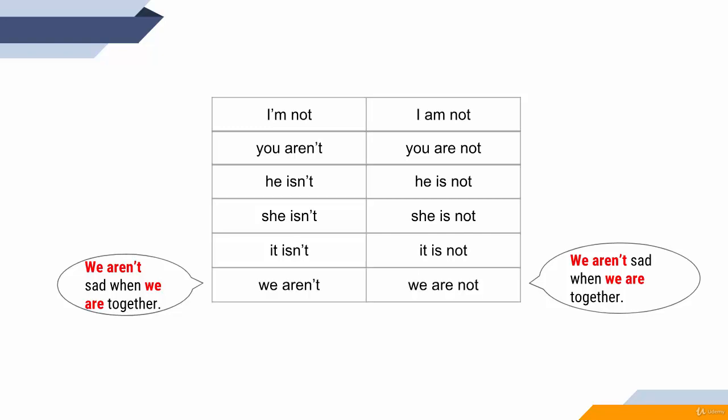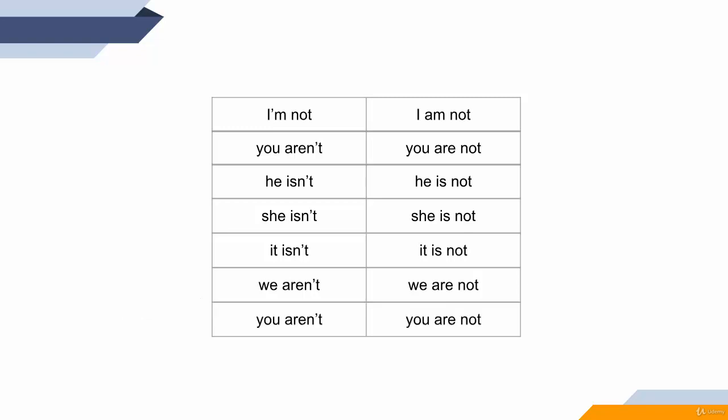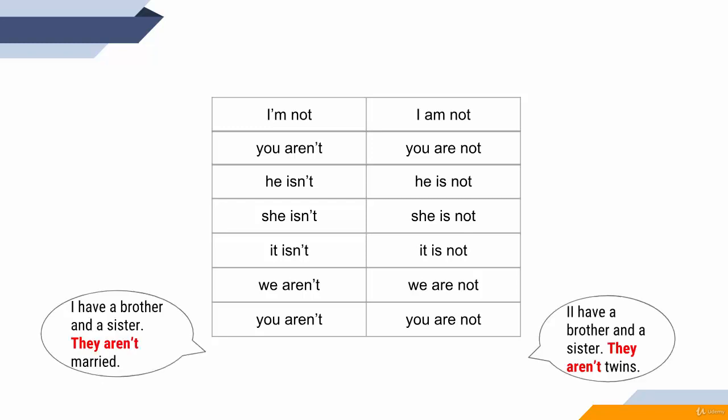We aren't sad. We aren't. Or we are not. Then you aren't. You are not. They aren't. They are not. I have a brother and a sister. They aren't married.